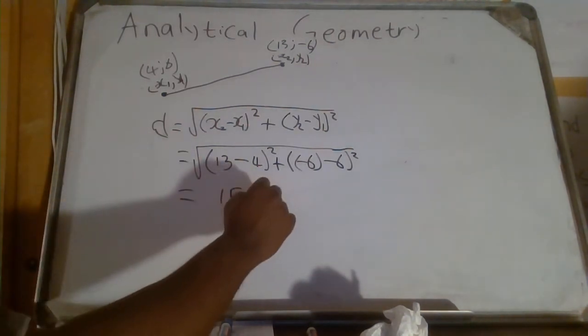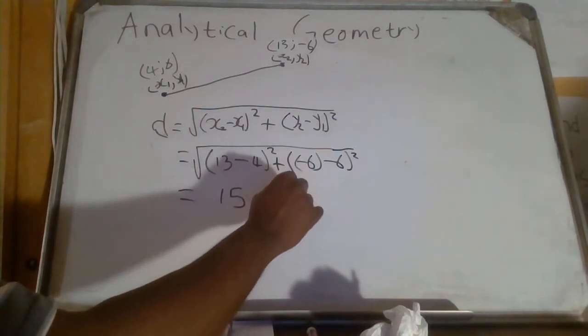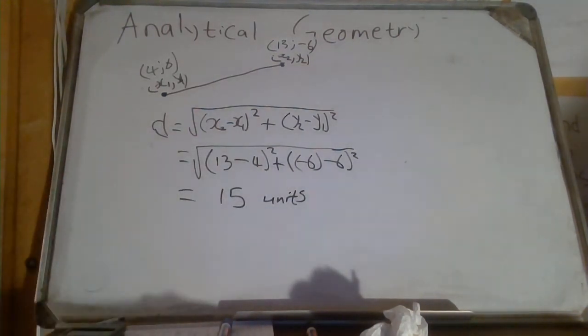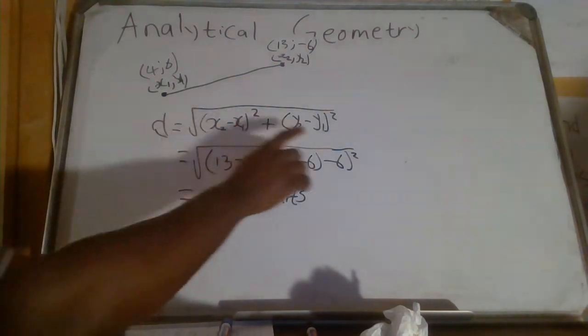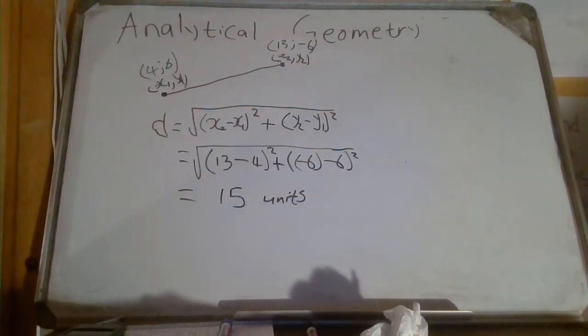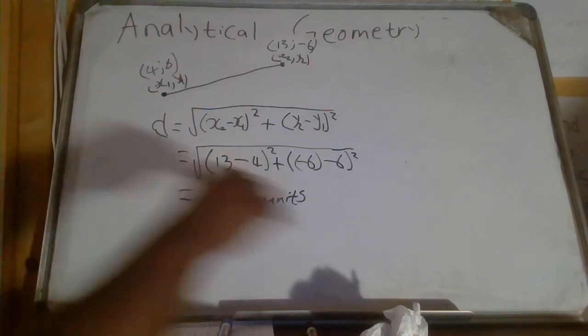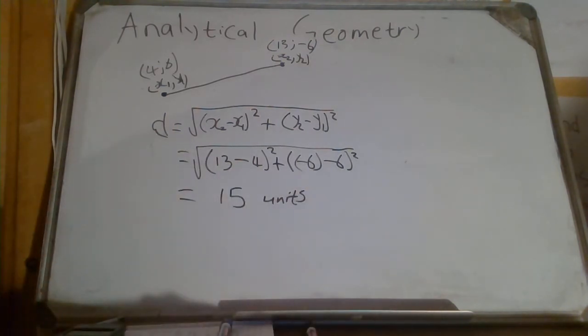And then 15 is units, because they didn't give us any units, so we say just units. Alright? Now be very careful, guys, when there's a negative number being substituted. It comes with its own bracket. Alright, it's very important to remember that. Okay, let's do the last one.